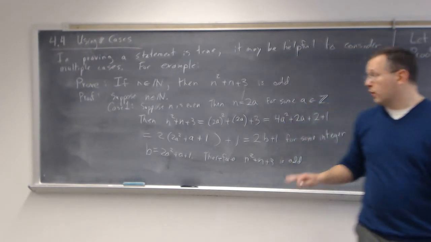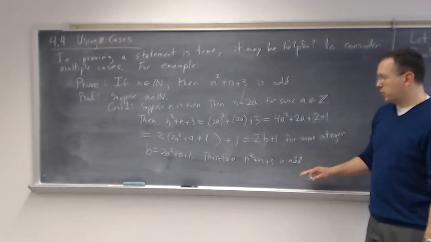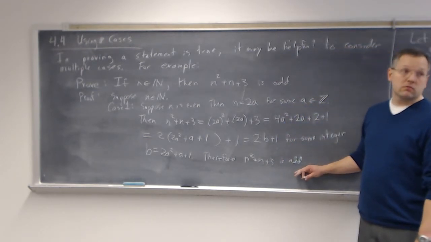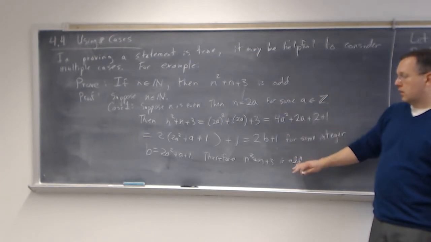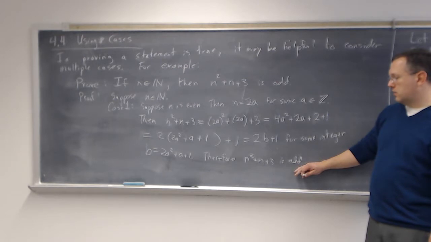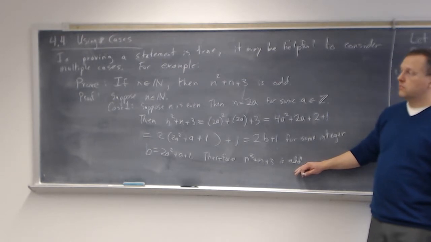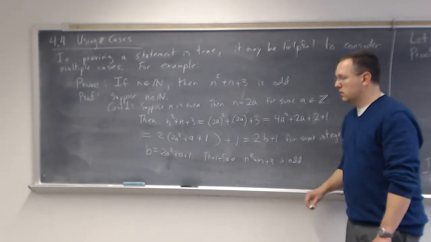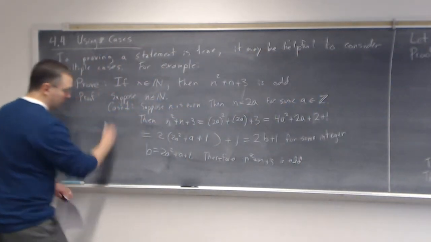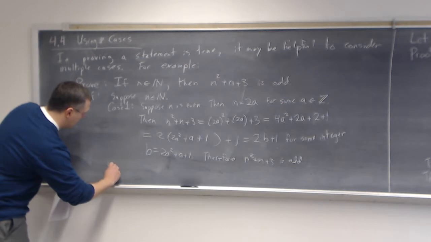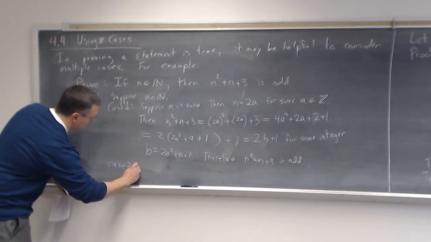But I didn't prove the whole theorem. I've only proven this is true when n is even. So if n is even, then n squared plus n plus 3 is odd. Case 2. I'm going to go on the next board, but if I was going to write this on the same piece of paper, I'd go back out and write case 2.